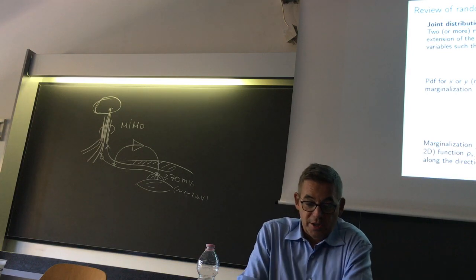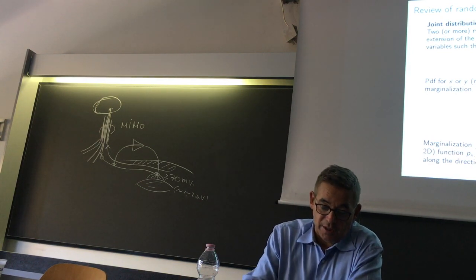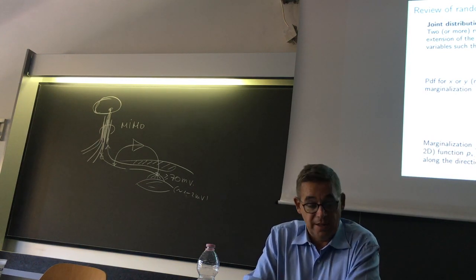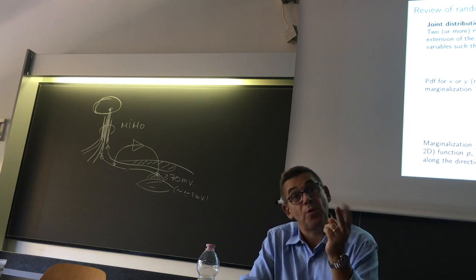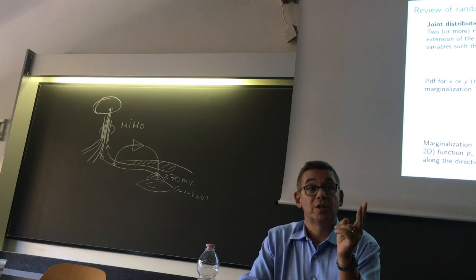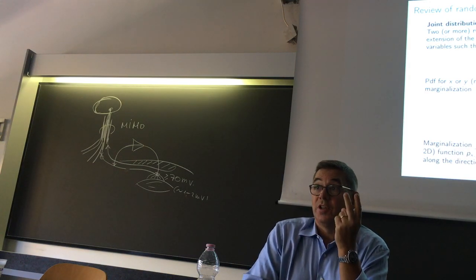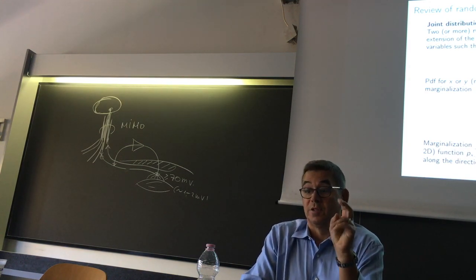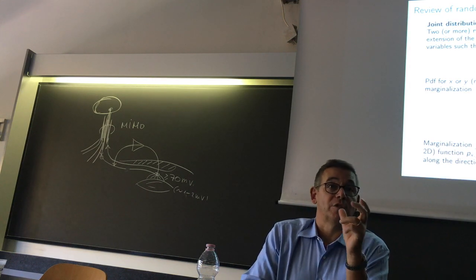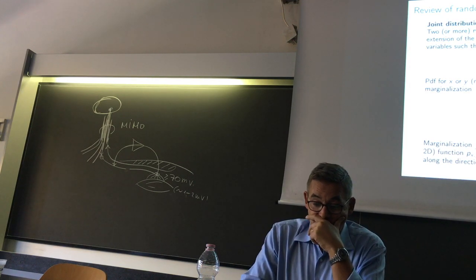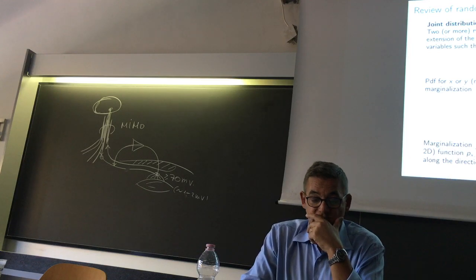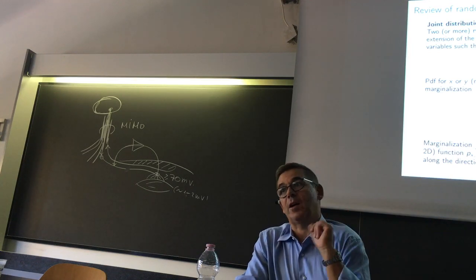First of all, we need to define the probability density function for both random variables, so that now the function depends on two variables, x and y, for instance. So we have a joint PDF, which is a function of two or more variables.